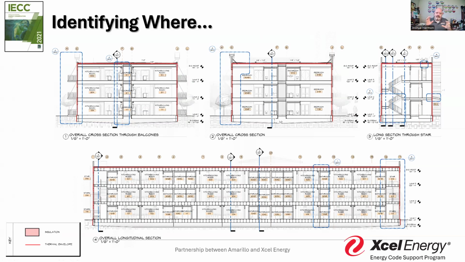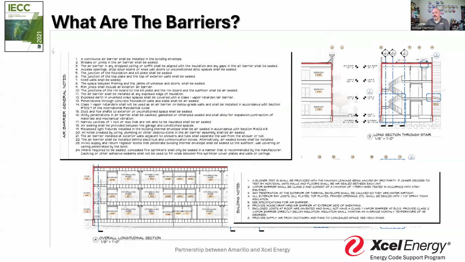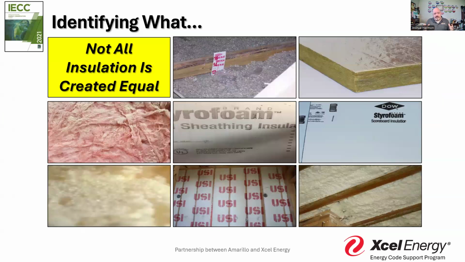So it's trying to find that balance of where is the envelope and what is it doing, and what are those different barriers? Because it's in both thermal and air barriers. It's not just one type of barrier; it's a system, because not all insulation and air control systems or layers are the same.